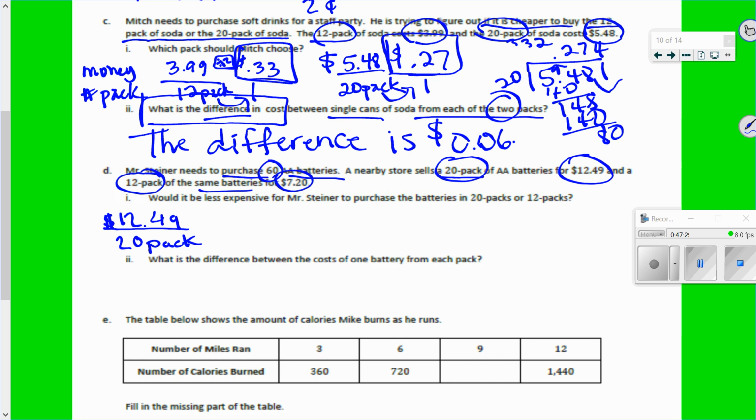Nice. So she's going to go one, one individual. Nice. So she's going to take $12.49 and divide it by 20.